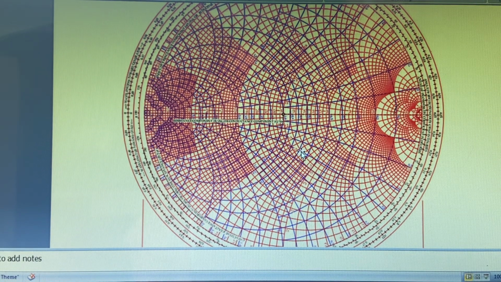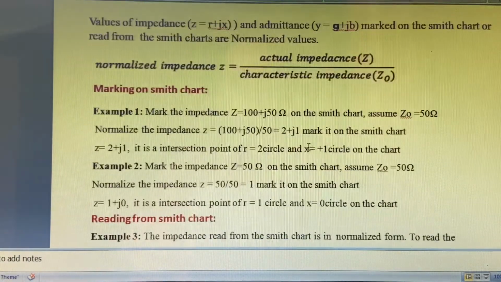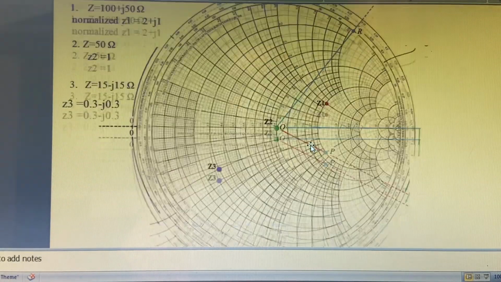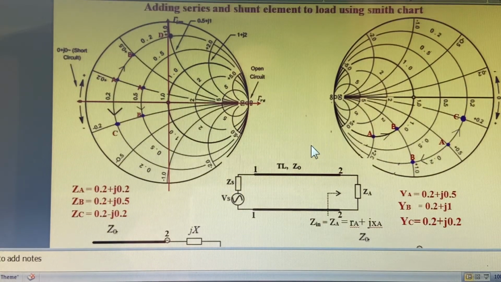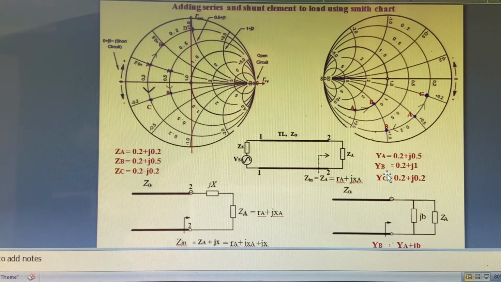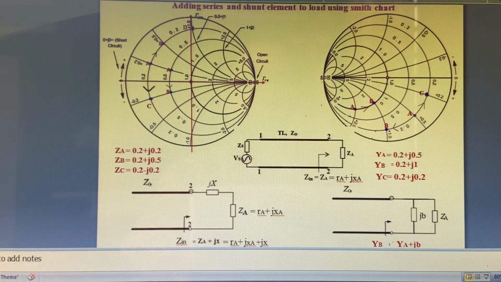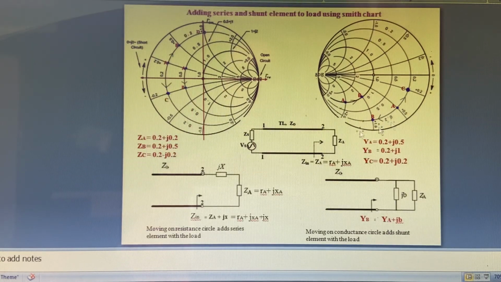So we can add a shunt element and a series element to the existing load using the Smith chart. We can easily add a series or shunt element of the required value using the Smith chart, as explained here.